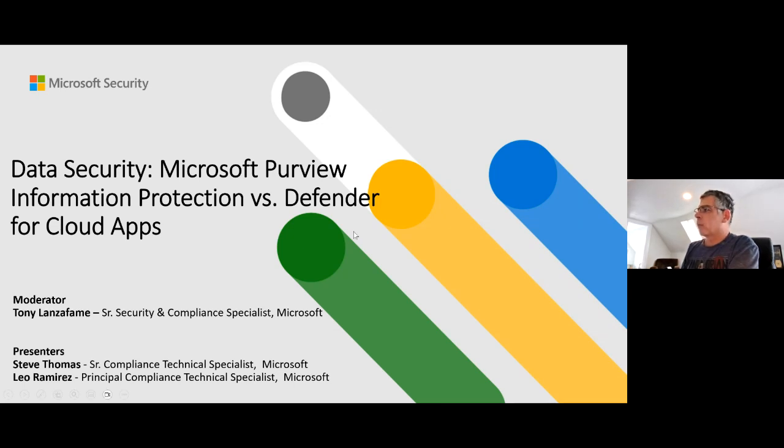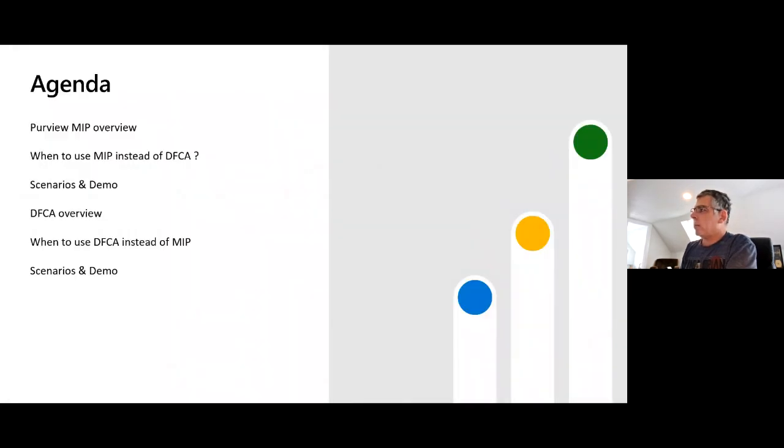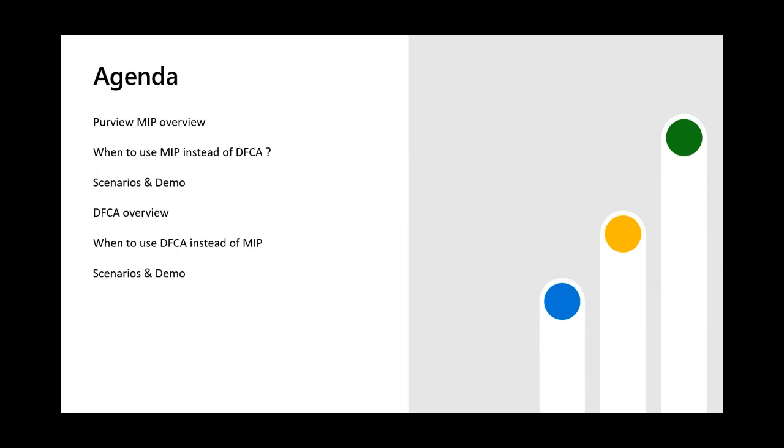Thank you, Tony. Very happy to be here with you today with my partner in crime, Leo Ramirez. The focus of this is going to be our best and recommended practices right now for leveraging both Microsoft Purview Information Protection and Microsoft Defender for Cloud Apps.